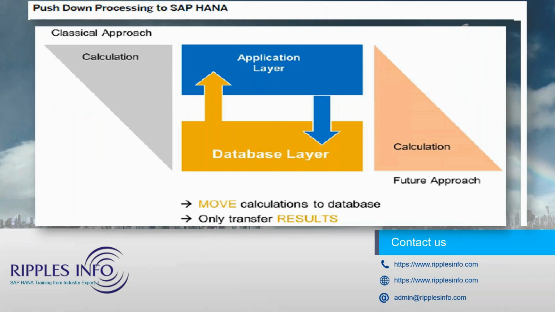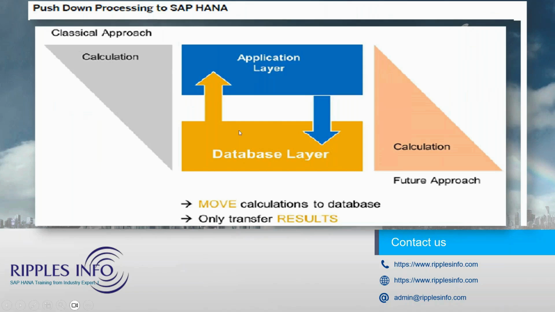Any calculation, let us say an aggregation calculation, even a small one, they had to fetch the data from the database layer to the application layer and then start doing the processing there. Even a simple sorting they used to do like that.